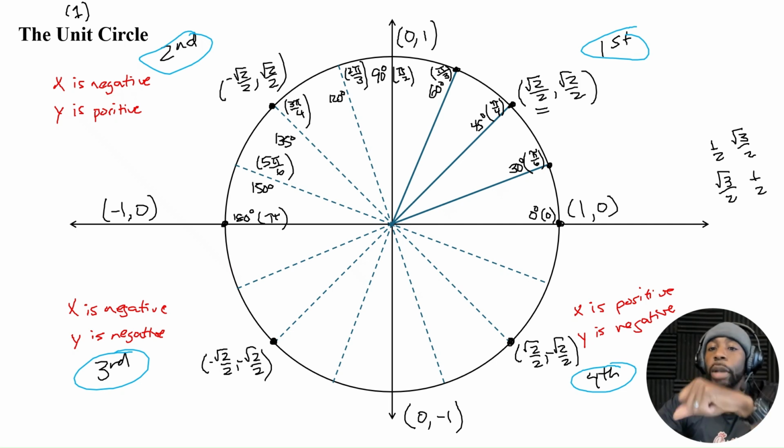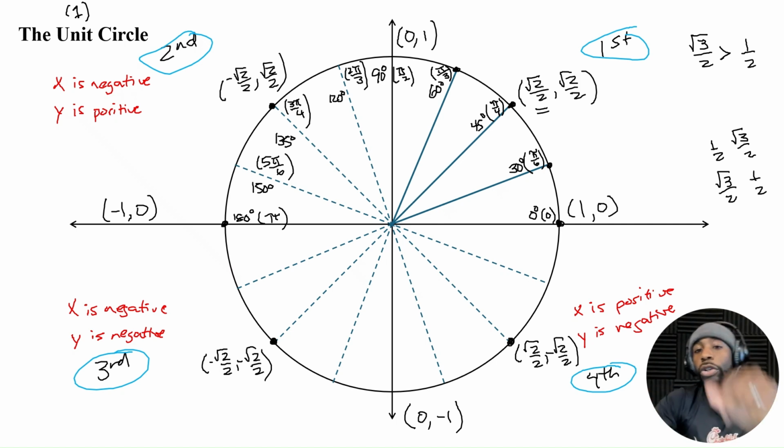The thing to remember is this: √3/2 is greater than 1/2, because the square root of 3 is a little bit bigger than 1. That said, depending on how close you are to the x or the y axis, you can know when cosine is √3/2 and when sine is √3/2.